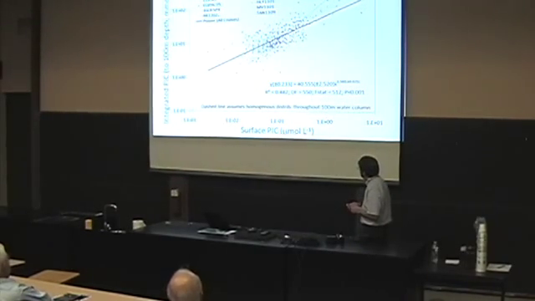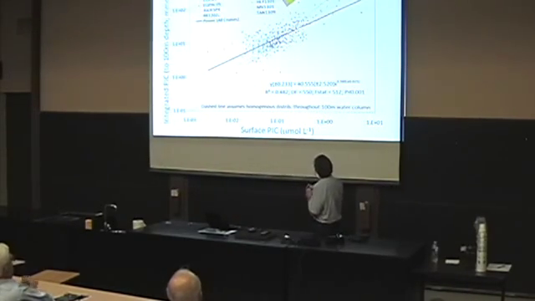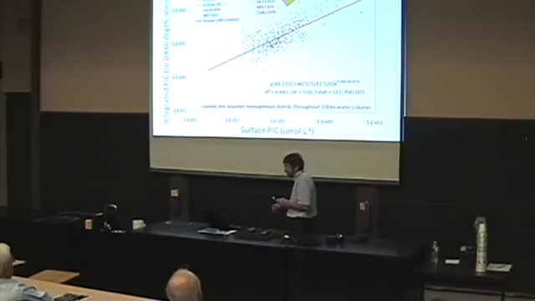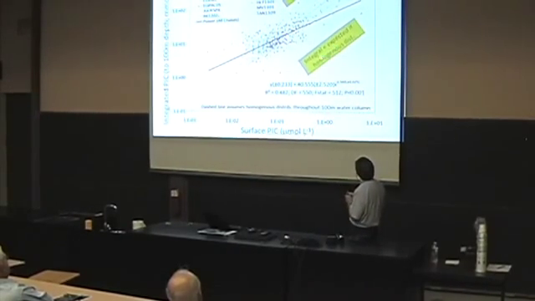But what we've done is you take the surface PIC from all these cruises we've done, and you look at the integrated PIC to 100 meters. If it was uniformly distributed, it would fall along that dashed line. And if you're above the line, the integral is greater than expected if it's homogeneously distributed. And if you're below the line, the integral is less.